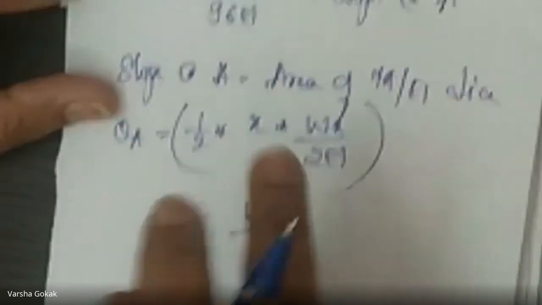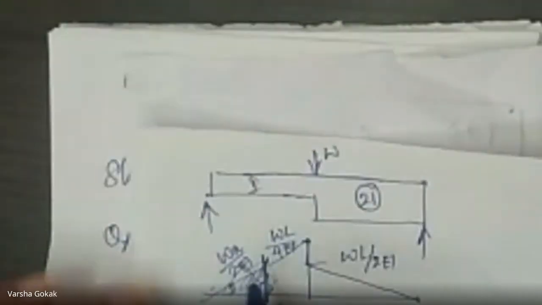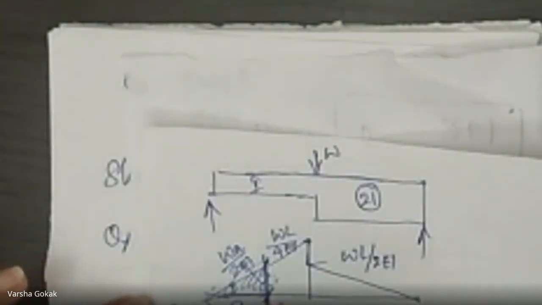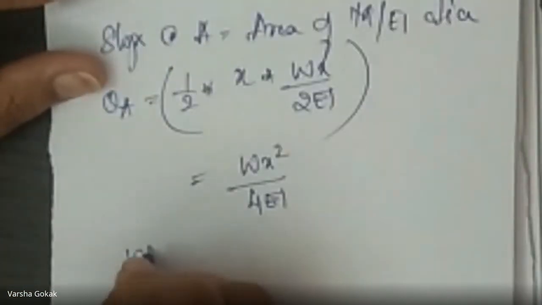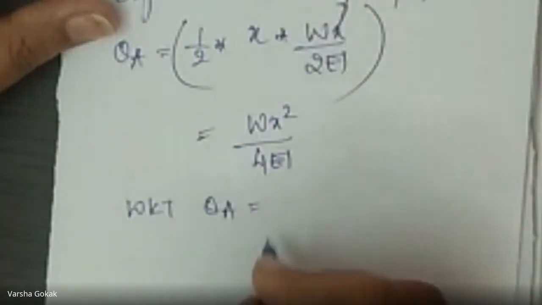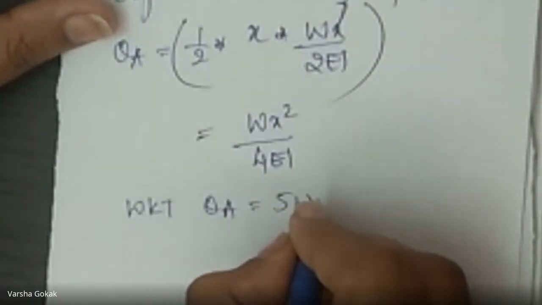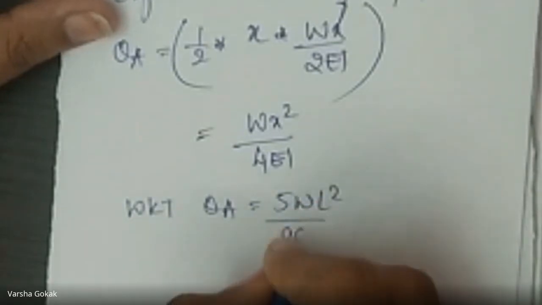This is the slope at A if I'm considering this at a distance x. But already we know that the theta A value is going to be the same wherever I take the cross section. That is 5 WL square by 96 EI.